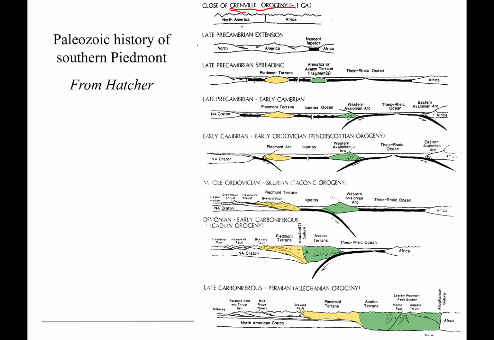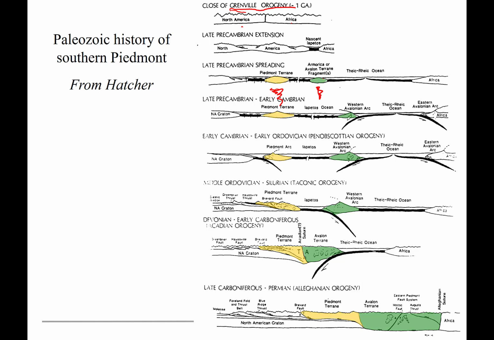And the thing that's important to recognize here, and I've shaded this in yellow and green, is this island arc system here, or just an island system in this Iapetus ocean in the late Precambrian. And there are these two fragments that will end up as part of the Piedmont terrane on the North American continent.